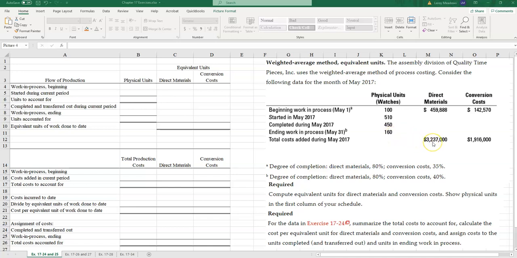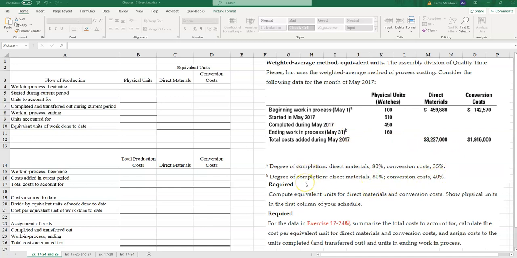The total cost added during the period for direct materials was $3,237,000, and for conversion costs, $1,916,000. We're given the degree of completion for the beginning direct materials and conversion costs, 80% and 35% respectively, and for ending work in process, respectively, 80% and 40%.